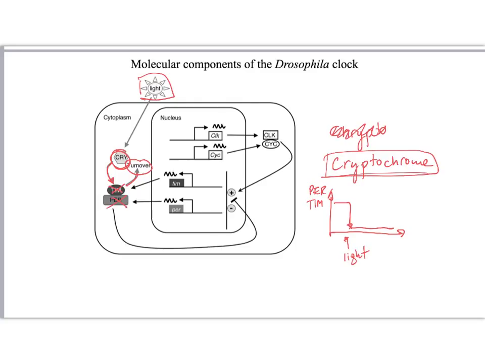However, how does this lead to a real phase shift? Well, it turns out that the PER-TIM dimer is up at night. So if you have the light-dark cycle or the subjective day and subjective night, and you measure PER-TIM levels, they look like this. This is PER protein and TIM protein, okay?